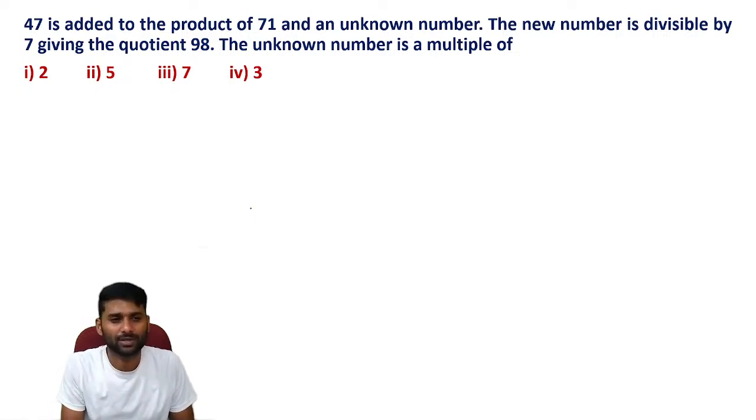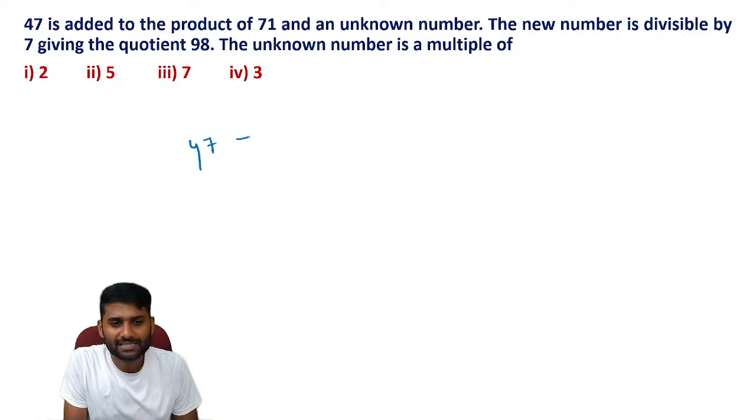So what about the unknown number? If 47 is added to the product of 71 and the unknown number, we will get the resultant. The new number is divisible by 7, and they are talking about quotient 98.